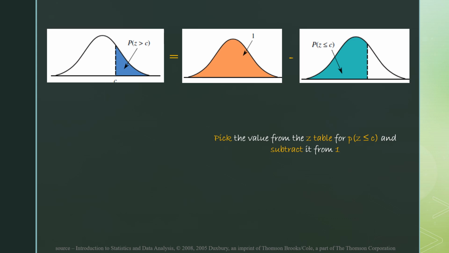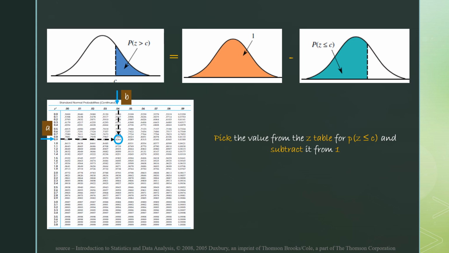Pick the value from the z table for probability of z taking a value less than or equal to c as discussed, and subtract it from 1. Thus, probability of z taking a value greater than c equals 1 minus probability of z taking a value less than or equal to c.